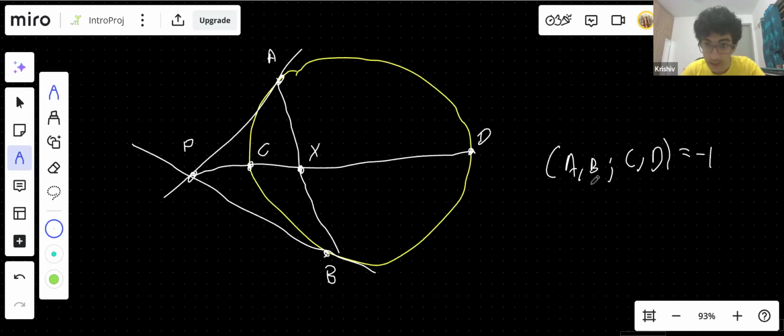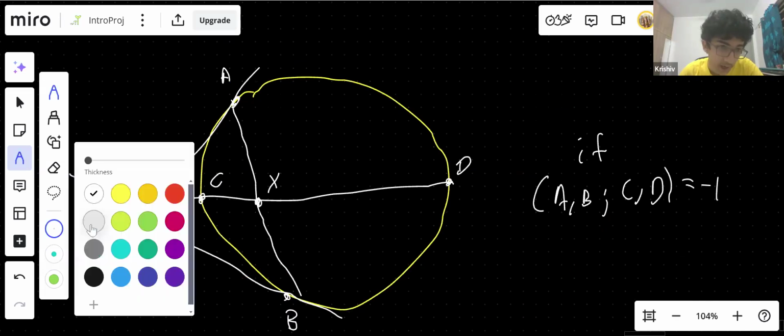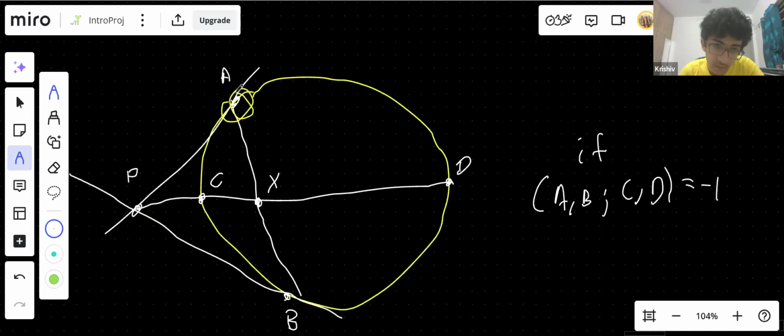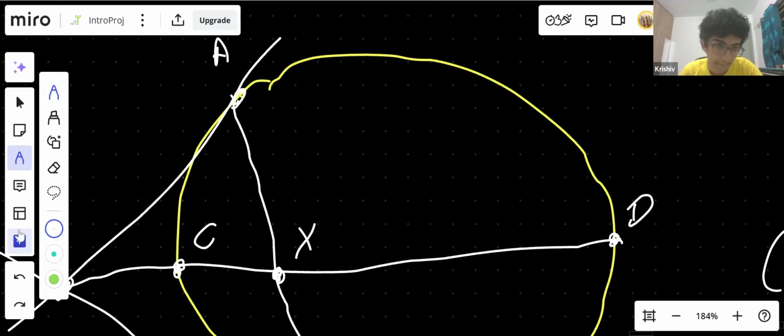Okay, if ABCD is -1, then I can do something like projecting from A. Obviously tangents are fine, like if there's a point AA, when I project. So I have this harmonic bundle ABCD, or any cross ratio ABCD, and I want to project them from this point A.